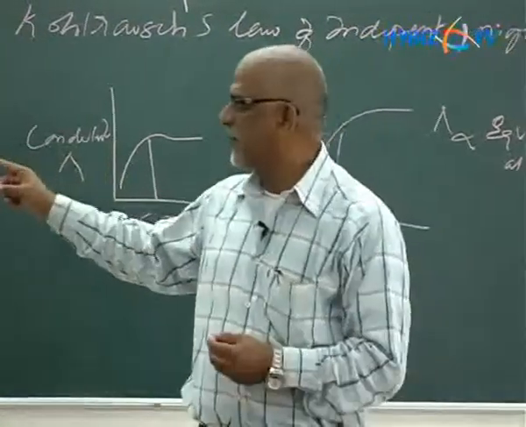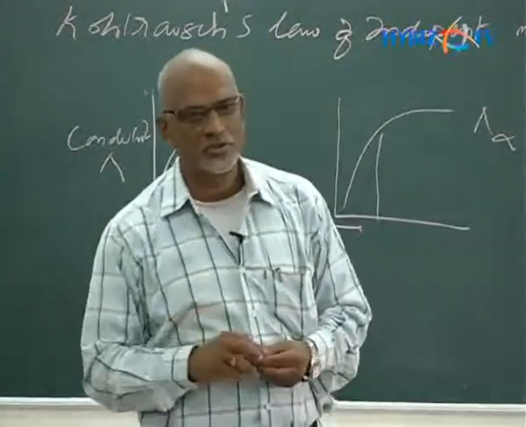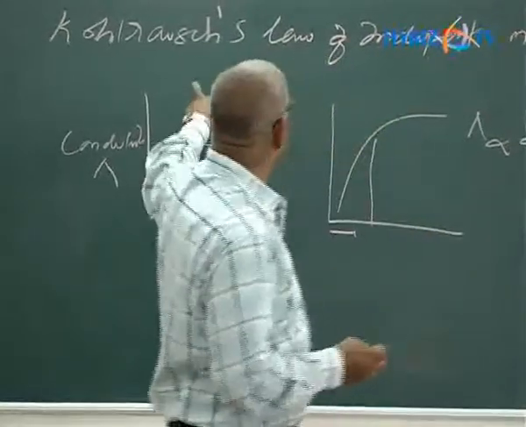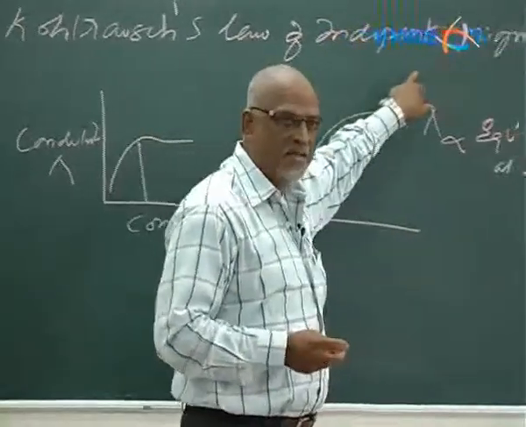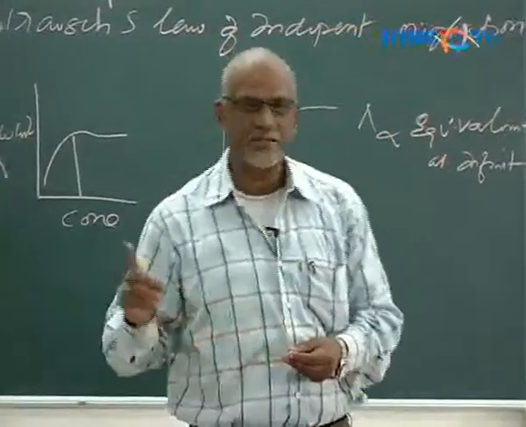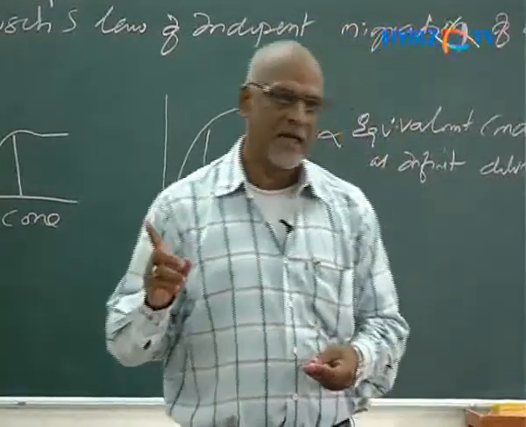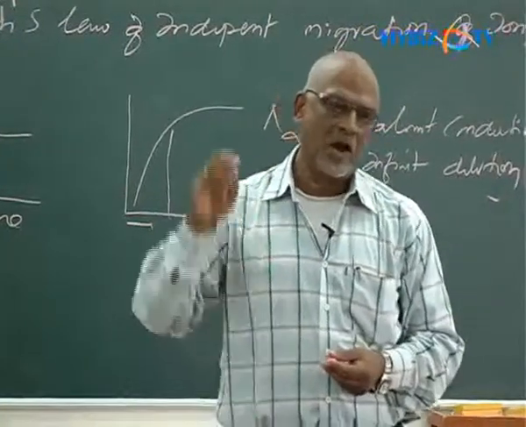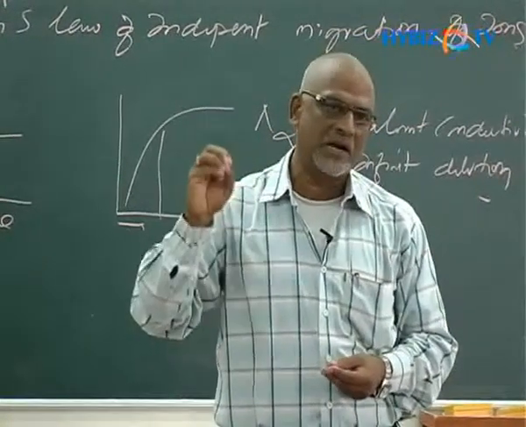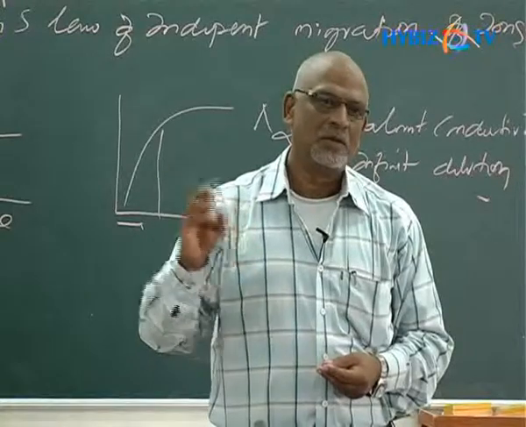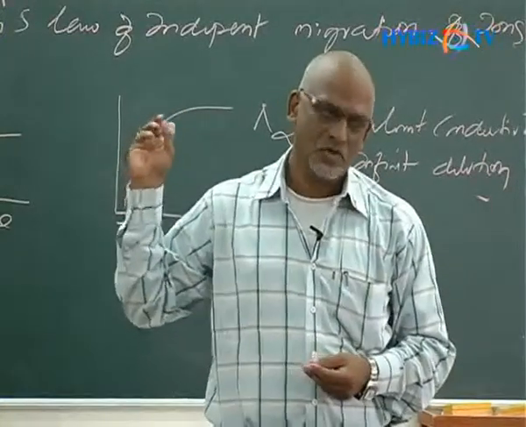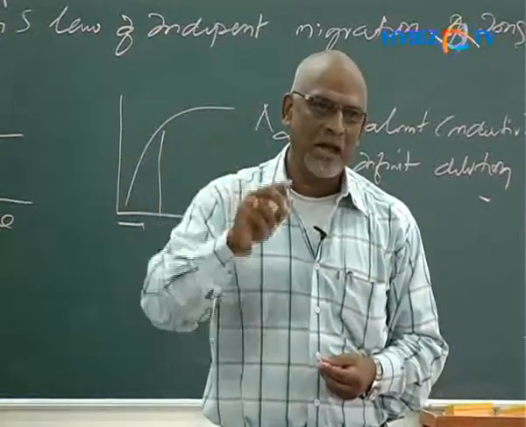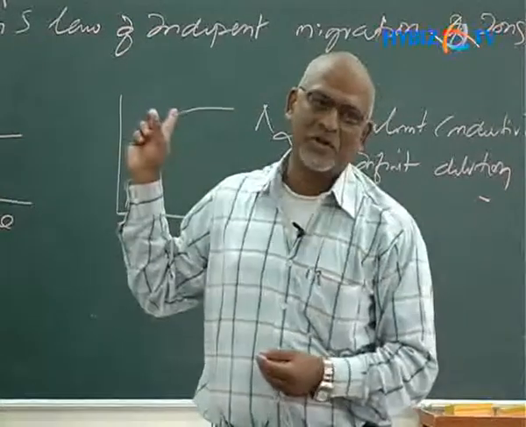So based on experiments like this, Kohlrausch proposed the law called Kohlrausch's law of independent migration of ions, wherein he says that irrespective of the cation present, the anion behaves as if it is the only ion present, and it contributes a characteristic value of conductivity to the solution. And that is nothing but your Kohlrausch's law.